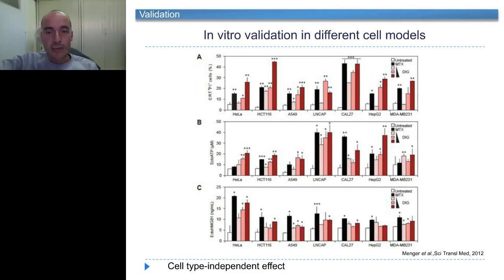And again, we used a dose-dependent assay, so we used different doses of digoxin, and we validated that digoxin not only in our U2OS, which is human osteosarcoma-based biosensor assay, had an effect, but that it also had an effect on different other cellular models, including cervix carcinoma, colon carcinoma, lung carcinoma, and breast carcinoma.